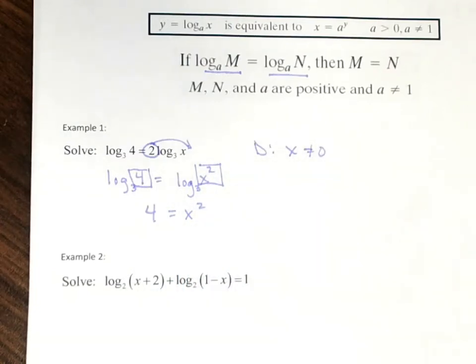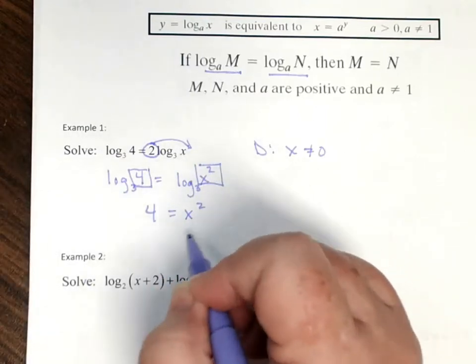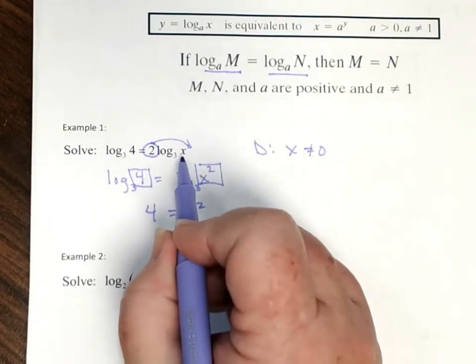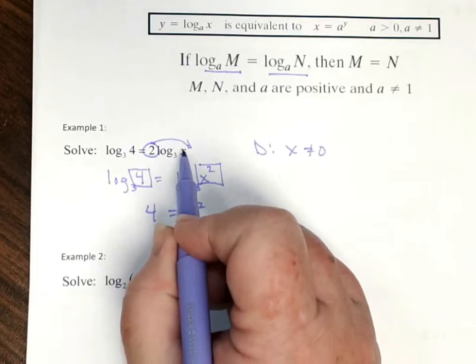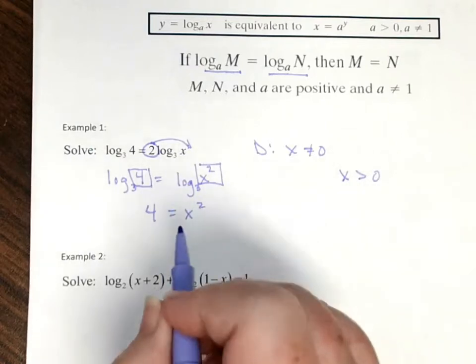If we get x is 0, then our answer will not work. But the original problem was just log base 3 of x, and therefore we're going to say our x has to be positive.